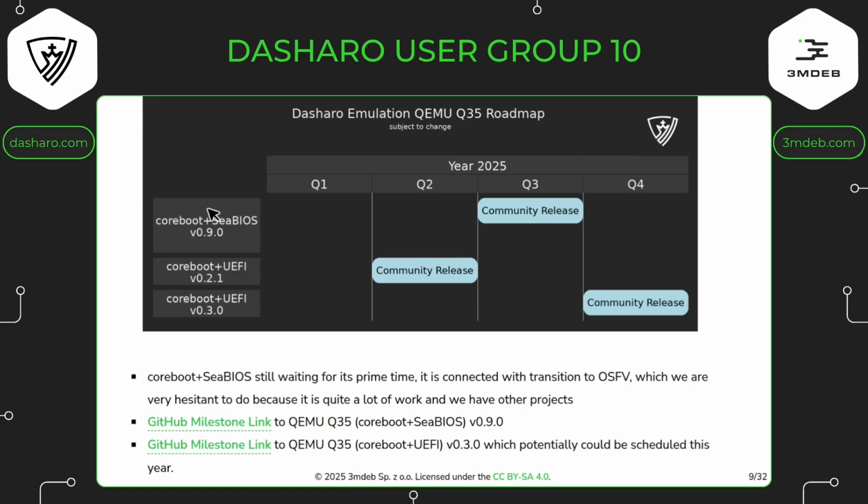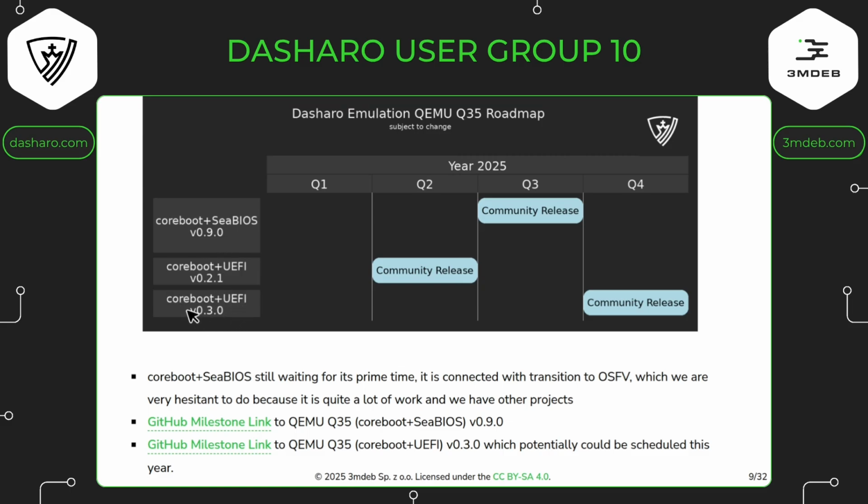Okay, the coreboot plus SeaBIOS version 0.9 is shifted to the next quarter. This is to speed up the PC Engines release. And I guess some platforms like OptiPlex could benefit from that if we plan to do an OptiPlex release.